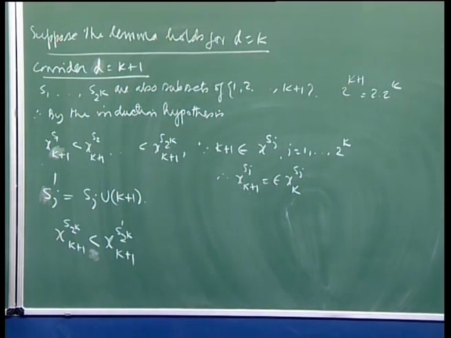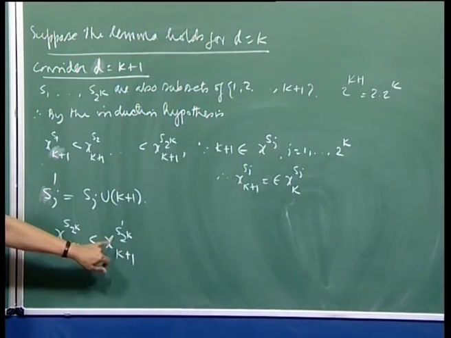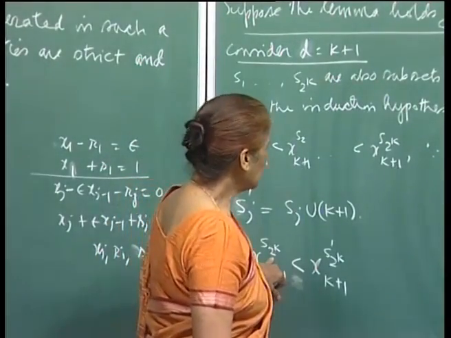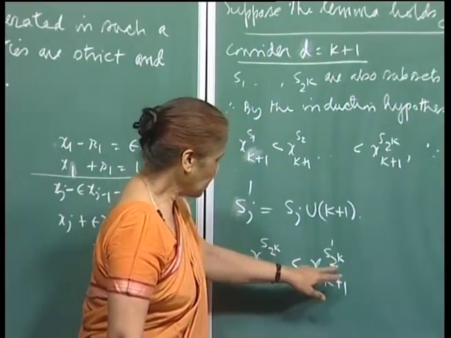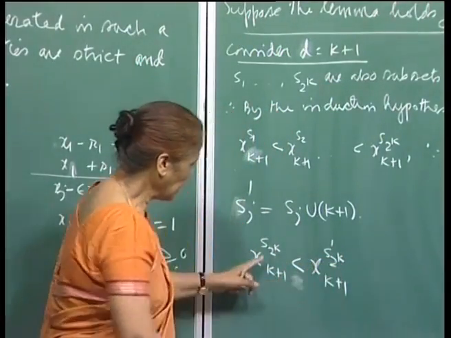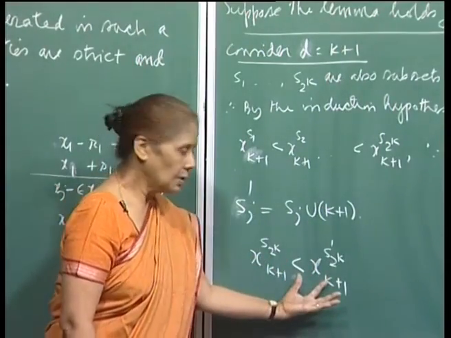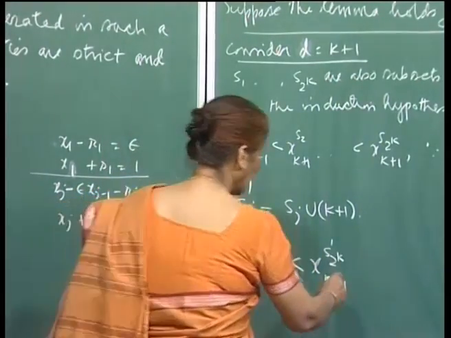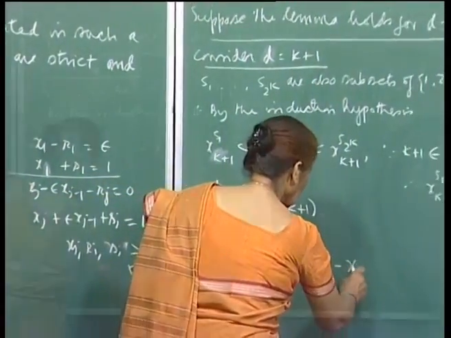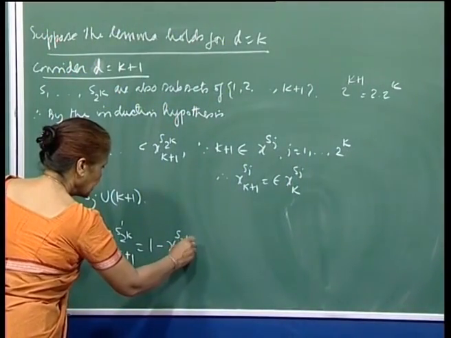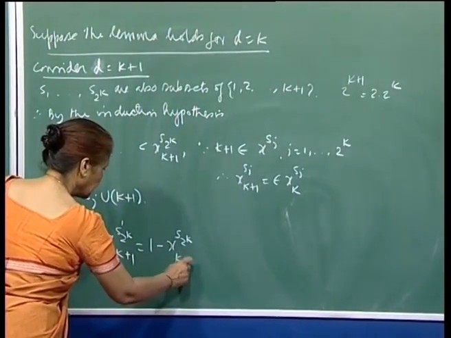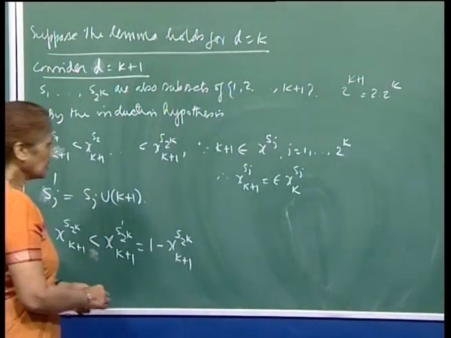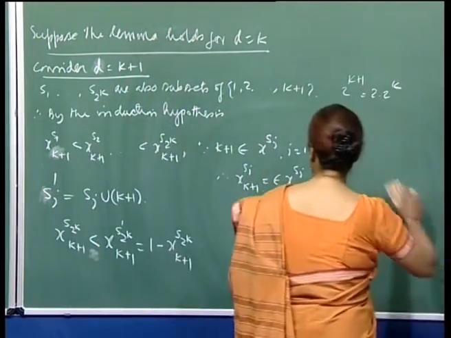Because remember the lemma that I just did before this one. What is the difference between these two? S 2 raised to k is here, and x s prime 2 raised to k contains k plus 1 and this does not contain k plus 1. Therefore, this holds, right. And you also have that this is equal to 1 minus x s 2 raised to k k plus 1, by the same lemma, right. Fine. So, that means in this one here I can include this.